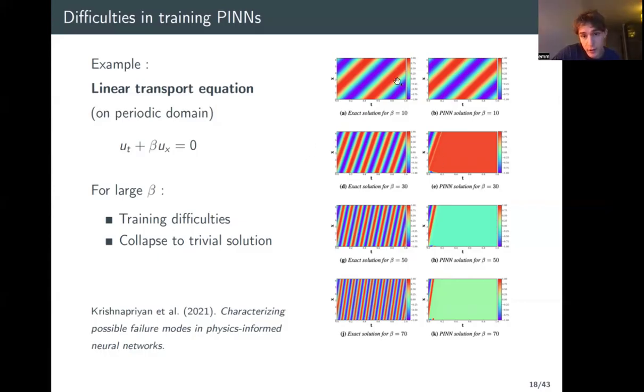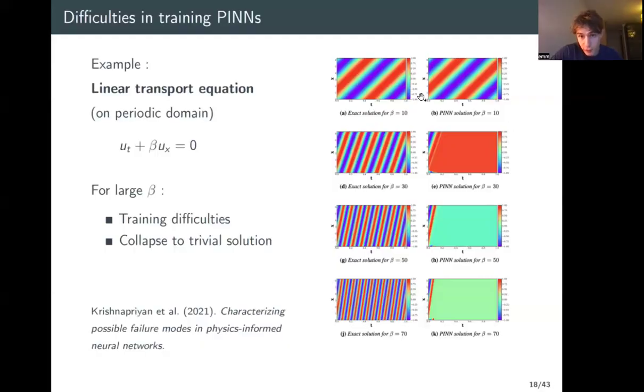Here we're in 1D, so we have a one-dimensional x, and here we have time. Starting with a sine function, we can advect this sine in time. For small betas, on the left here we have the ground truth, and on the right we have the PINN solution.